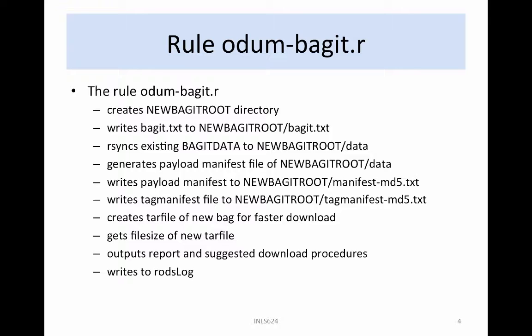It generates a payload manifest file of new BagIt root/data, which contains a list of the file names and their checksums. It writes the payload manifest to new BagIt root/manifest-md5.txt. It writes a tag manifest file to new BagIt root/tagmanifest-md5.txt, which contains a checksum of the bagit.txt file.